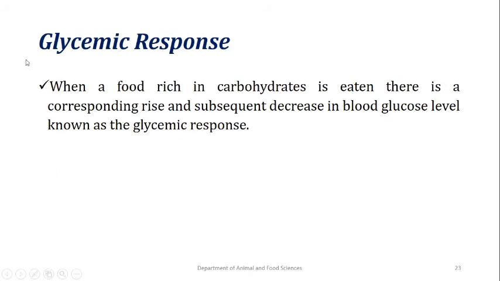Then based on that, there is an index called glycemic index. It is very important because when we give advice to diabetic patients, you might have heard that you have to avoid such high GI foods. You have to take a lot of low GI foods, such things.